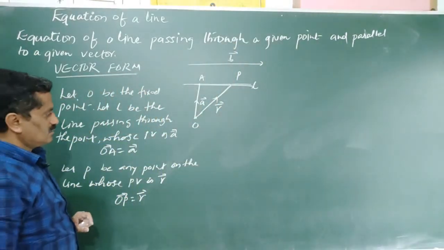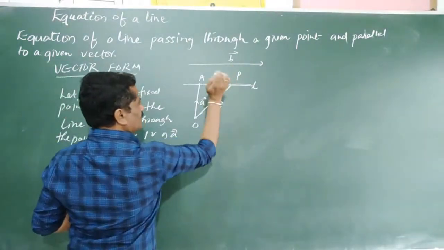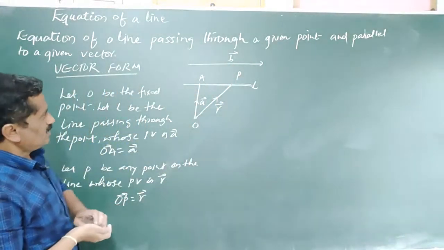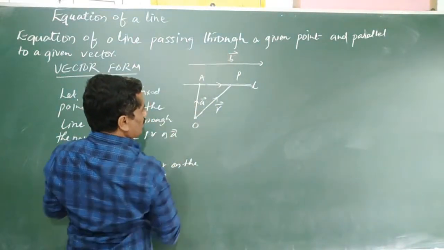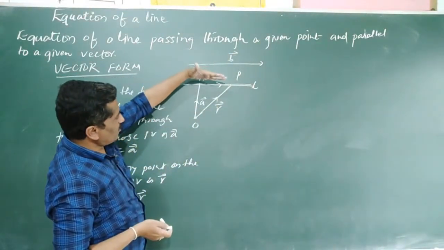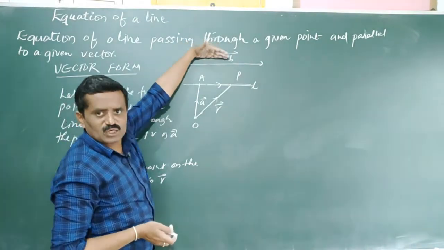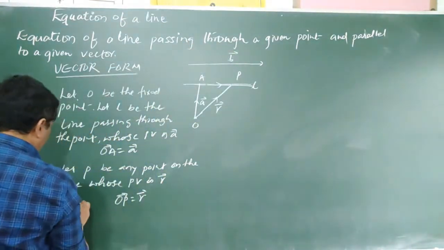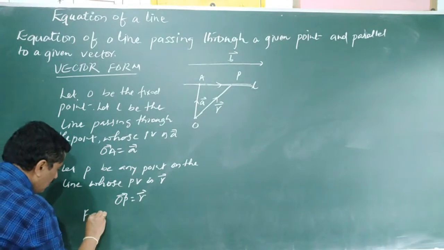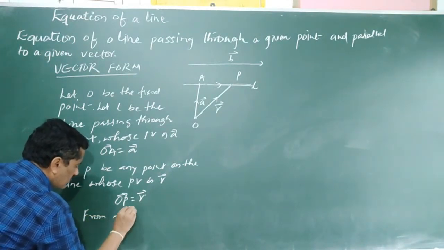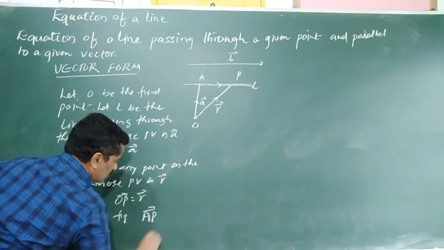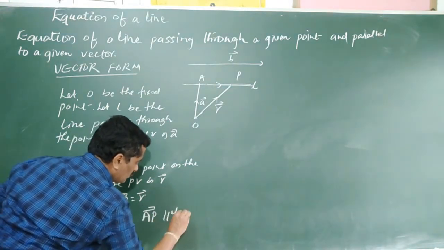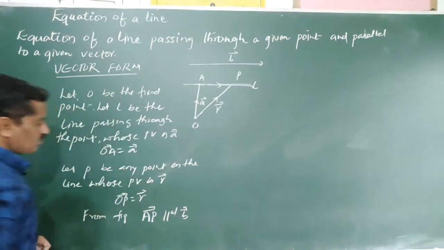Again here, from the figure, we have AP bar is parallel to B bar.